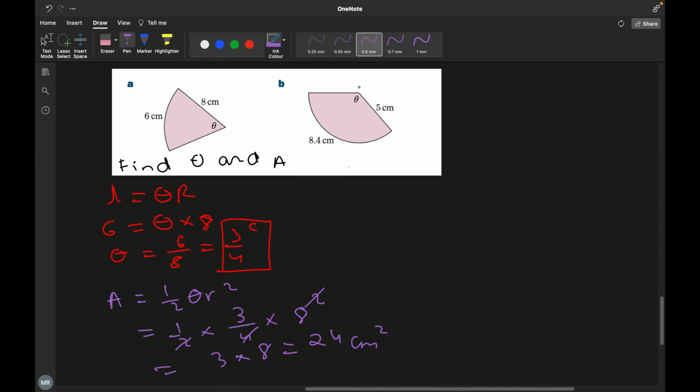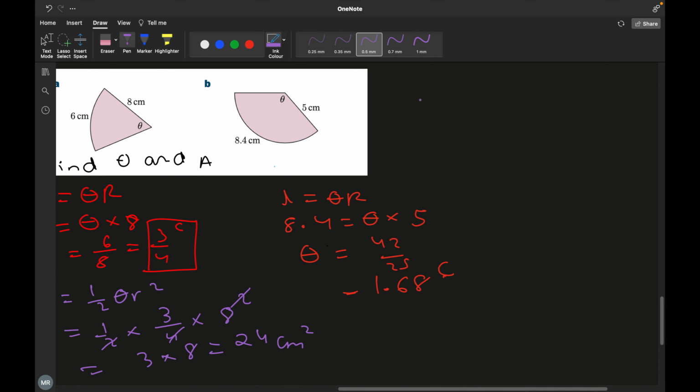Okay, now let's solve this one. L equals r theta, same formula, and L is 8.4, theta we don't know, r is 5. Theta is 42 by 25, which is 1.68 radians.